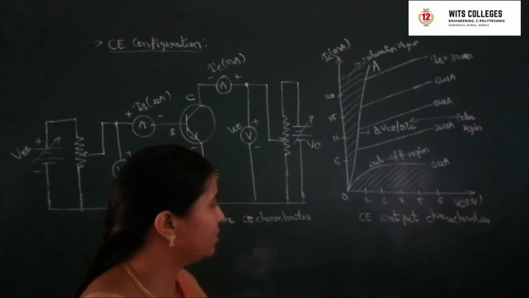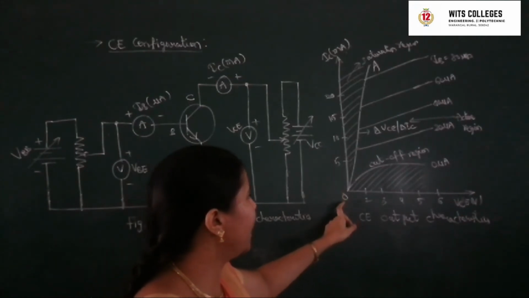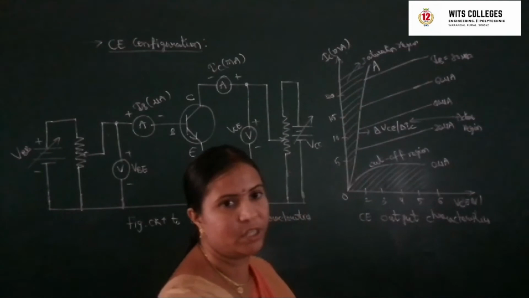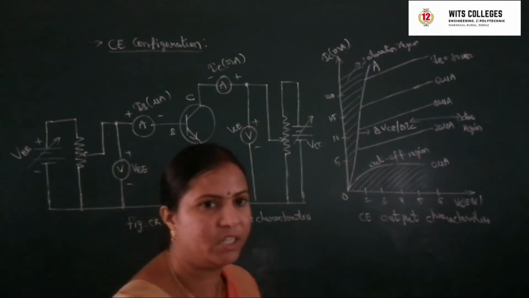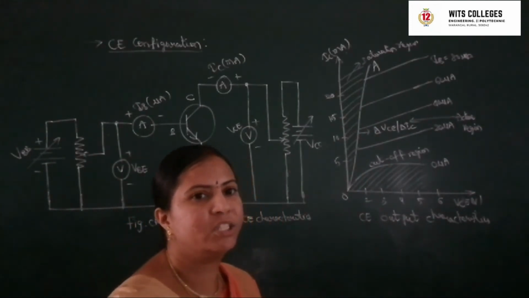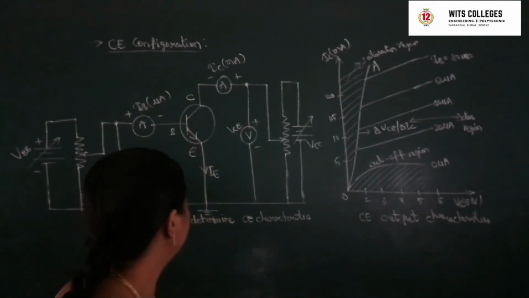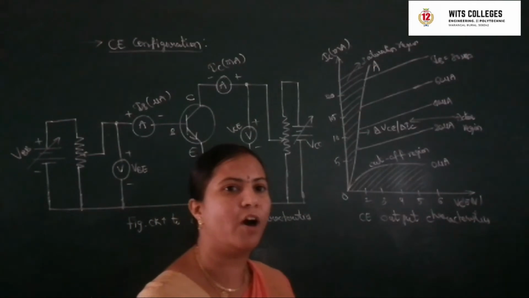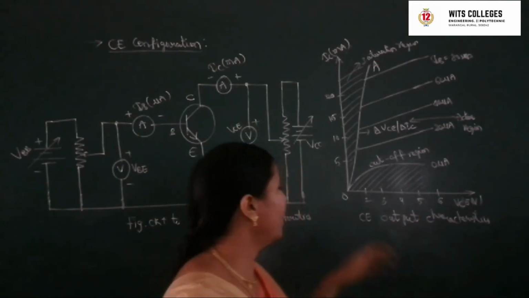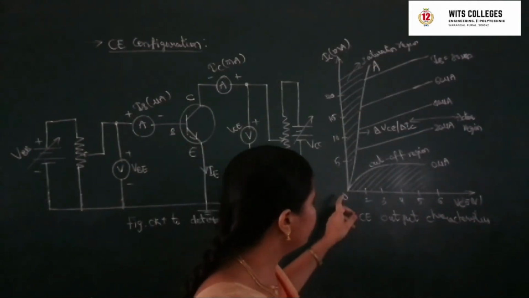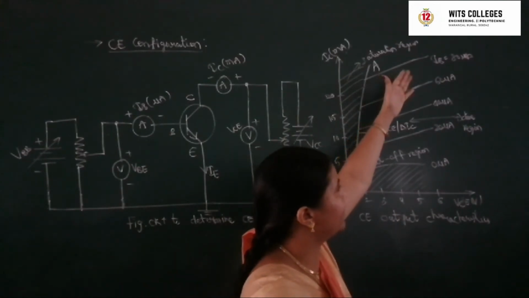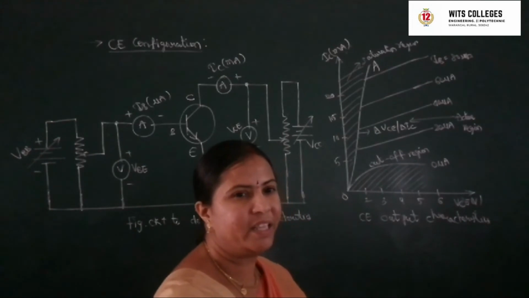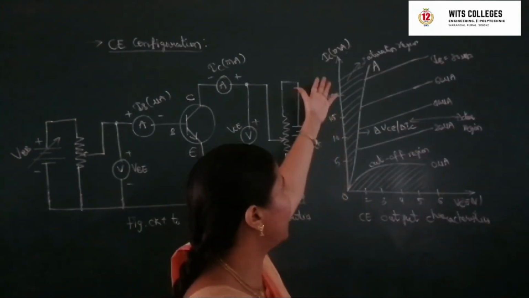If you observe this curve, the region O to A is nothing but the saturation region. In this saturation region, the two junctions, the base emitter junction and the collector emitter junction, are both forward biased. Here, if you increase the base current, there is only a negligible increase in the collector current.